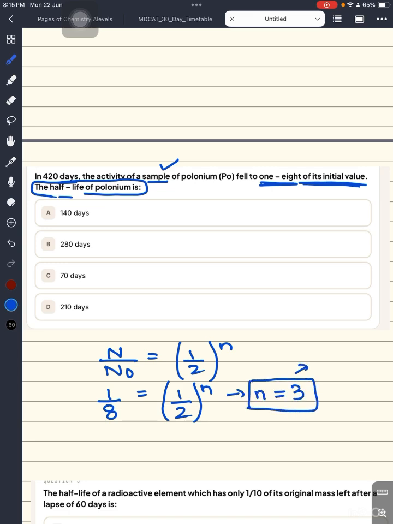There will be 3 half-lives. So we know the formula, n times half-life equals given t. Here we have days. We have to find the half-life. We have 3 equals n and t equals 420. So the half-life will be 420 divided by 3, which is 140 days.